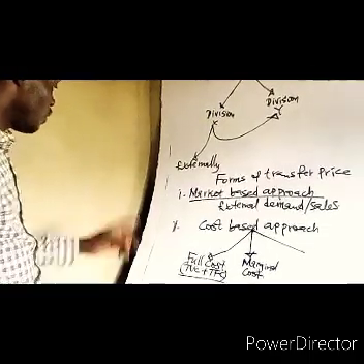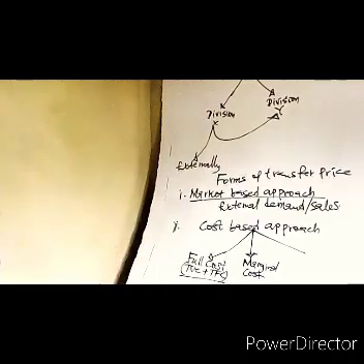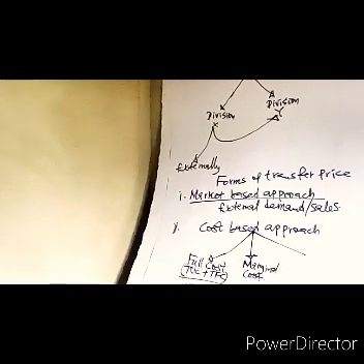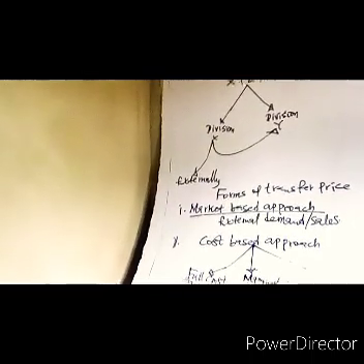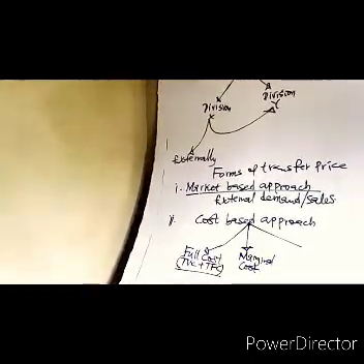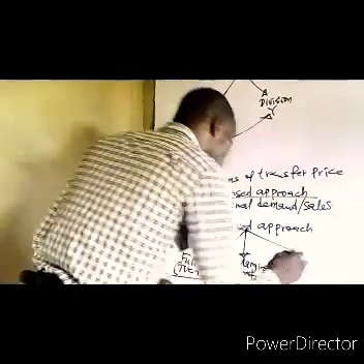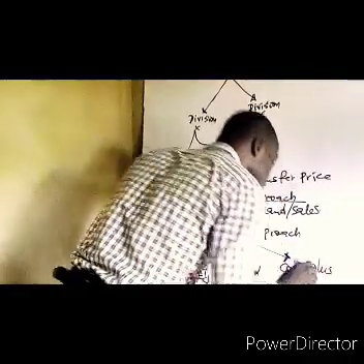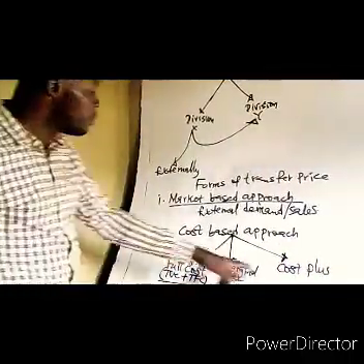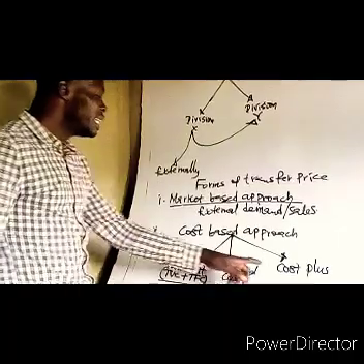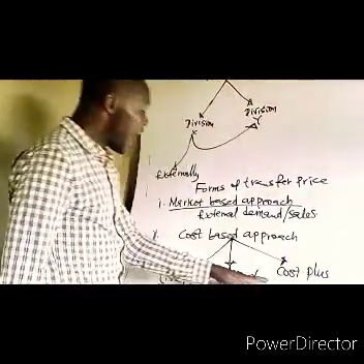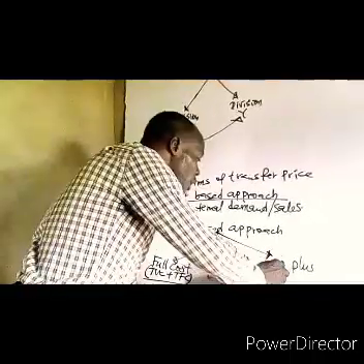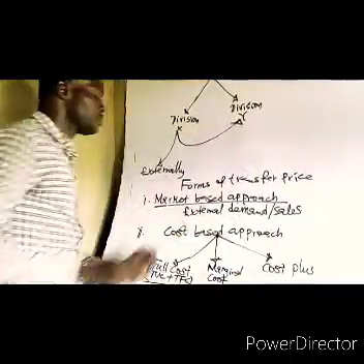I've told you that the first one is full cost, the second one is marginal cost, while the third one is cost plus. Cost plus means that goods will be transferred by the selling division to the buying division at the total cost of production of the selling division plus a percentage markup.